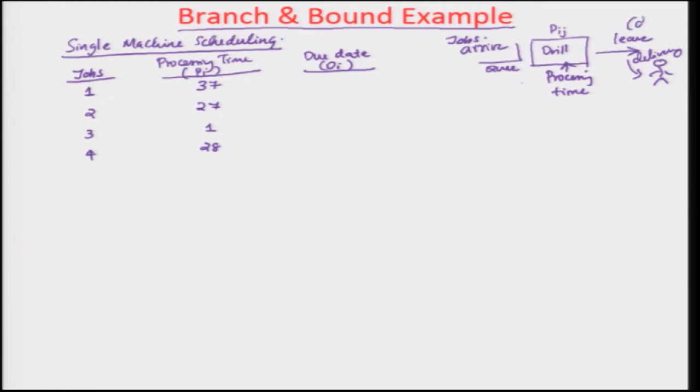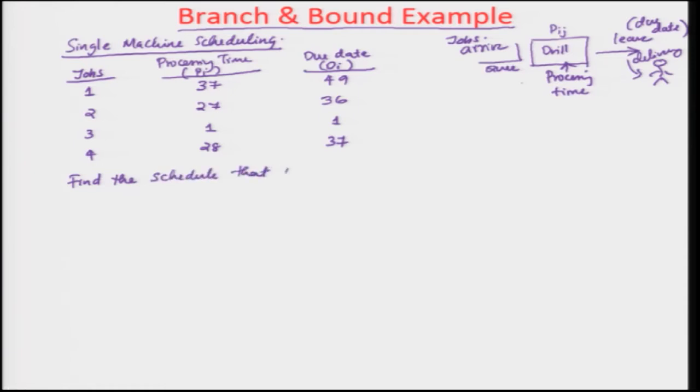This is where the due date happens. Due date means when you have to give it to the customer. So, in this case, let us put a value of 49, let us put 36, let us put 1 and 37.